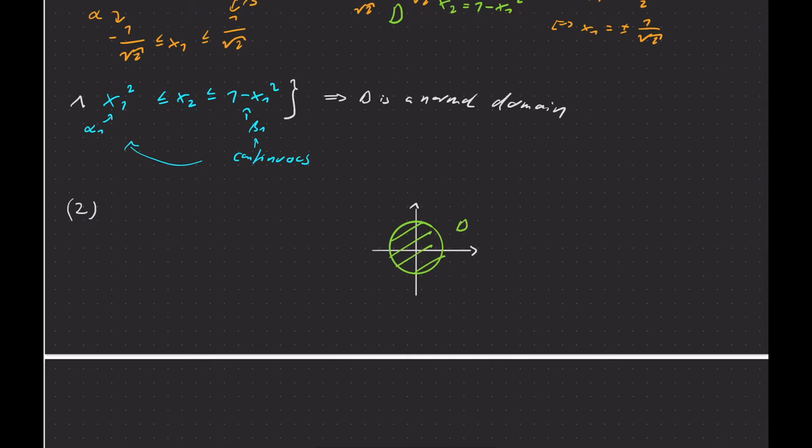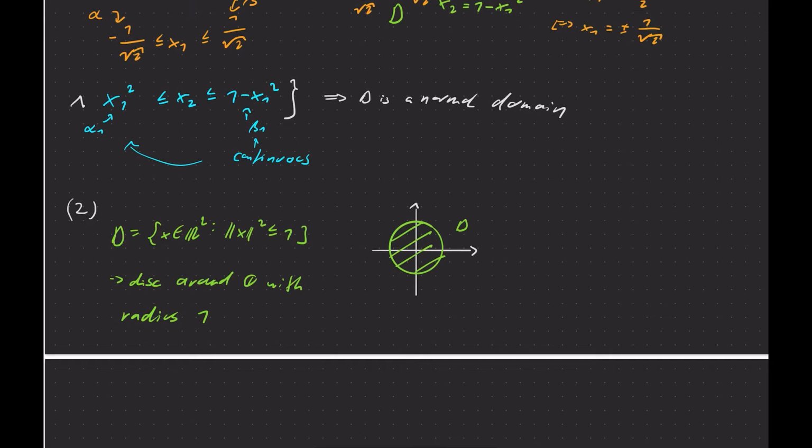That is our set D. So D is all x in R2, where the norm of x squared is less or equal to 1. Disk around the origin, let's just say with a radius 1. Is that a normal domain? And if so, how can we describe it as a normal domain?